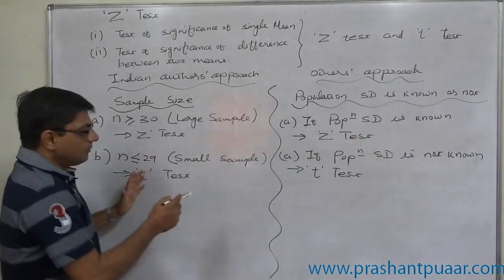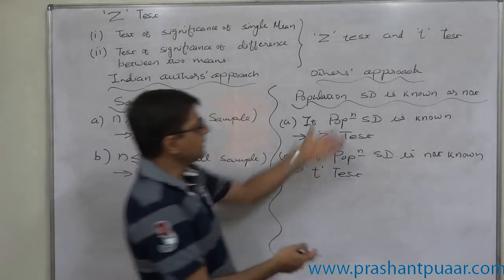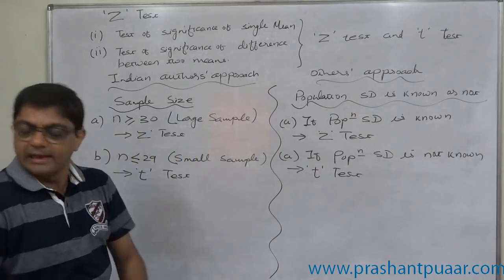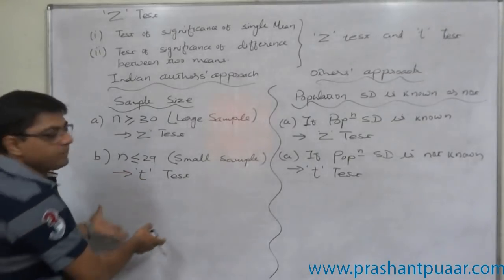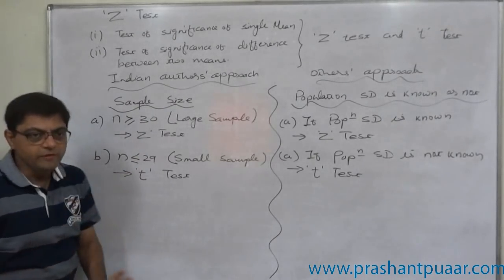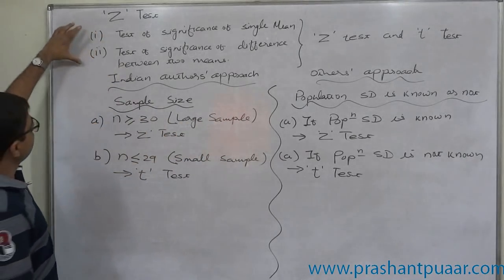So my personal view is that the sample size approach is better than the population standard deviation available or not approach. And we require to study the topic from the Indian book. That book follows the sample size approach. So we are going to use the sample size approach for particularly these two tests.